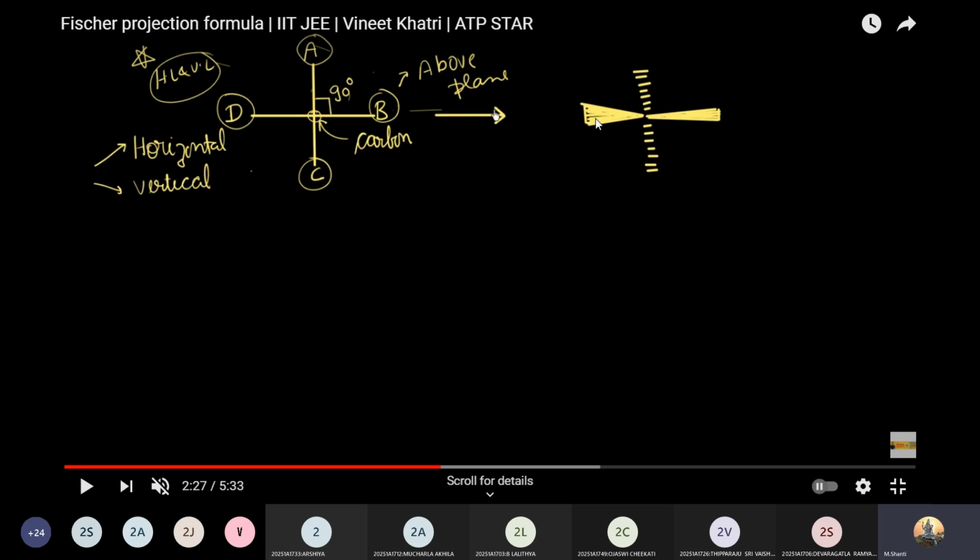In terms of wedge and dash projection, this is the wedge projection or wedge substituents, and those substituents on the vertical line, A and C, will be denoted in the dash projection, or below the plane. This you have to remember. This is the fundamental rule you have to remember while drawing structures, because many times it will be asked in the exam: Fischer projection converted into sawhorse, or sawhorse to Fischer or wedge projection. So you have interconversions among different molecular projections.